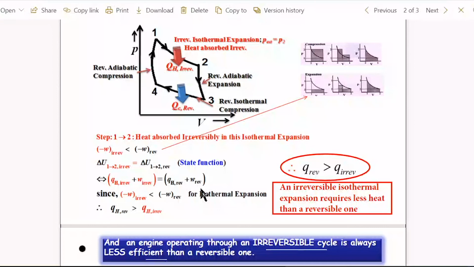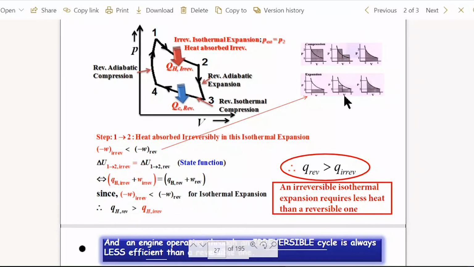So now have a look at what you see. The minus W for a reversible step is greater than the minus W of the irreversible step. That is why I've drawn this diagram to remind you. The first column is the irreversible, this part is the reversible, and this is the number of steps in between.